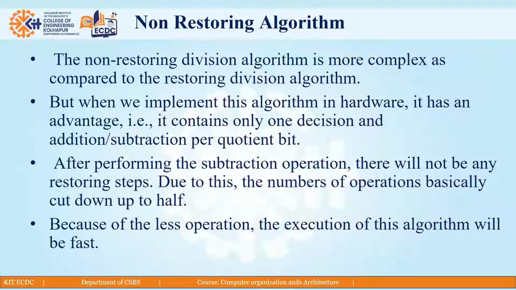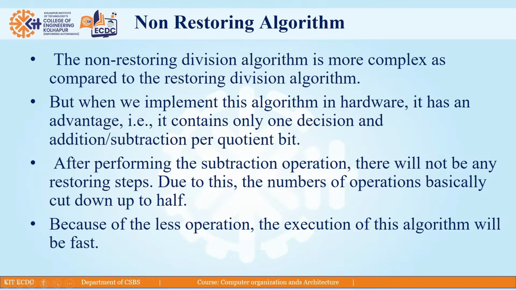But here in the non-restoring algorithm, there are no restoring steps. Because of this, the steps are cut down to half, and because of fewer operations, the execution of this algorithm is fast.